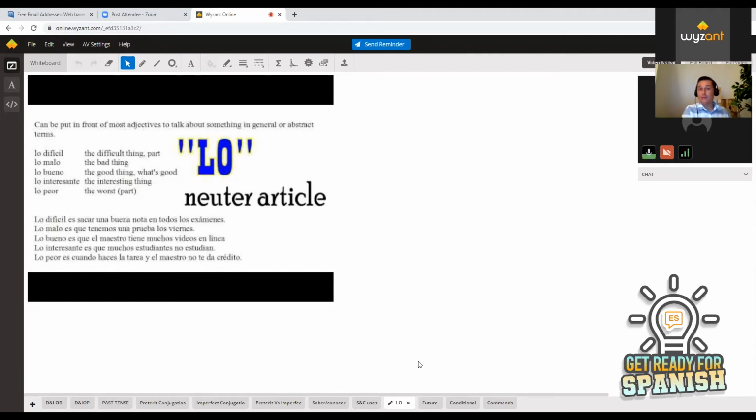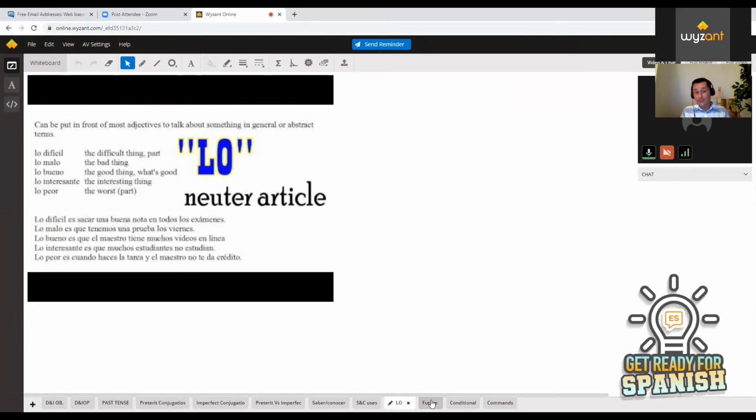Before we were talking about the past tense, how we have the preterite and the imperfect. Now, you are going to be studying two more tenses in Spanish too. Future tense and conditional tense. Okay? These are also very straightforward, very simple.